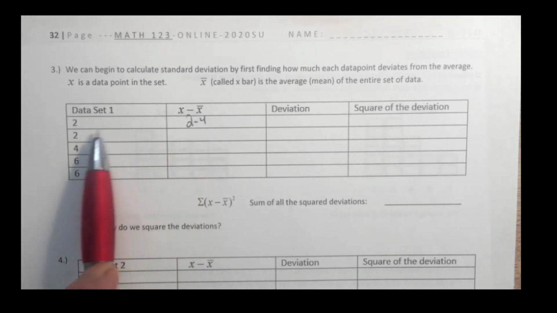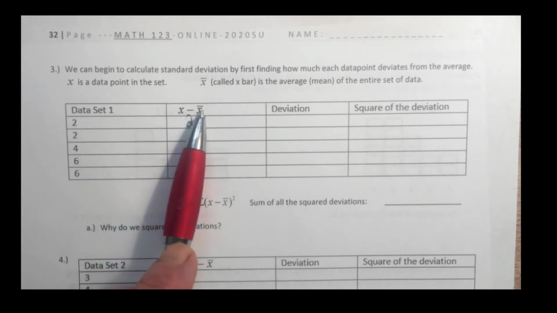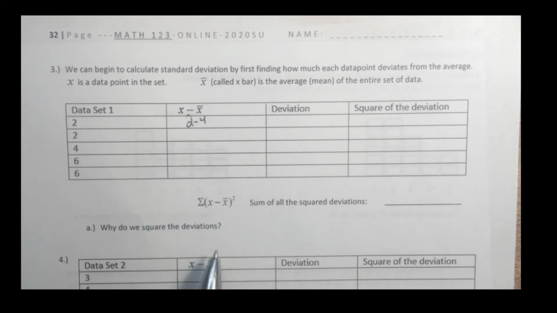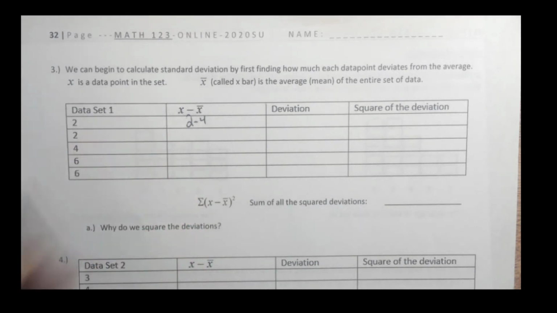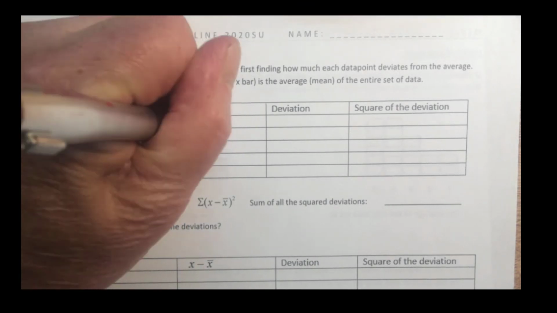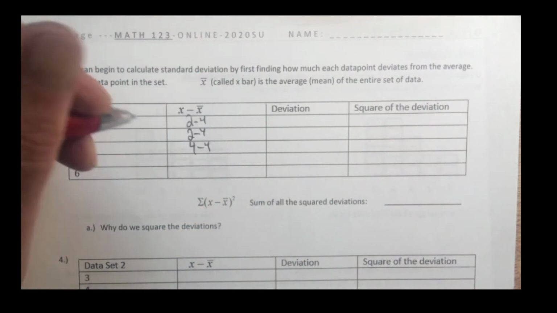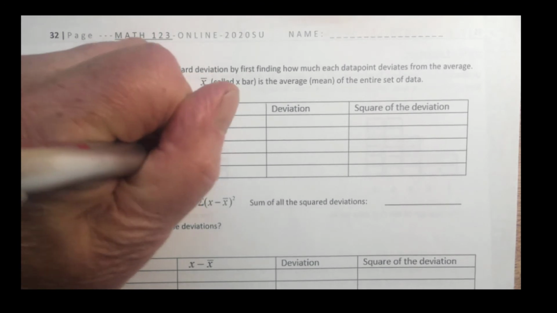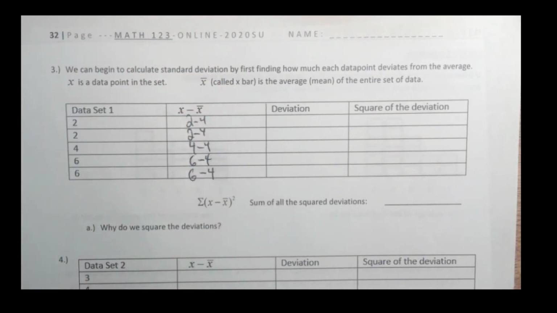And I'm going to do it by taking the data value minus x bar, which is the mean of the data set. The mean is 4, both of these sets. So I'm just going to write these in here. 2 minus 4, 2 minus 4, 4 minus 4, 6 minus 4, and 6 minus 4.